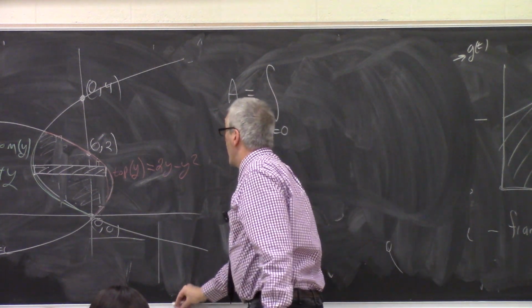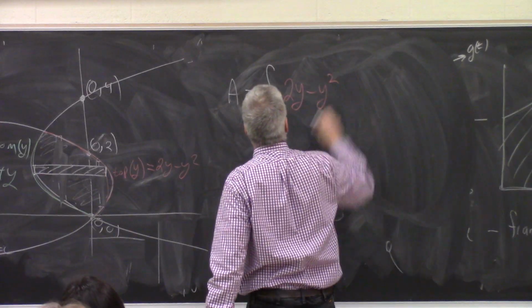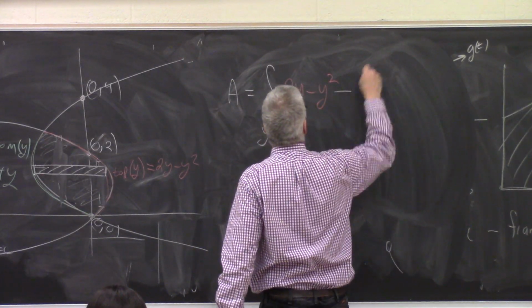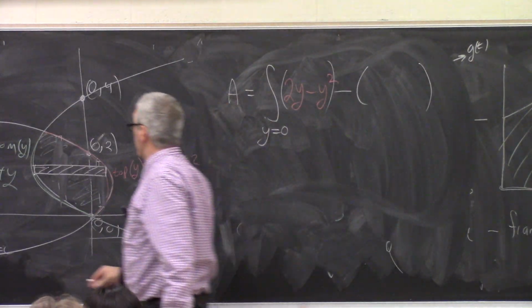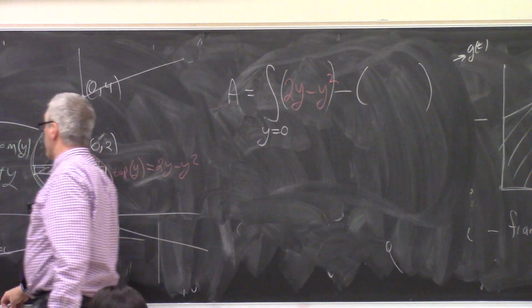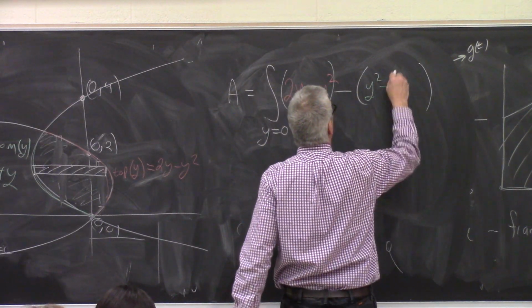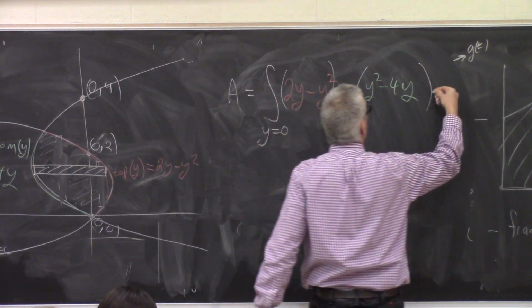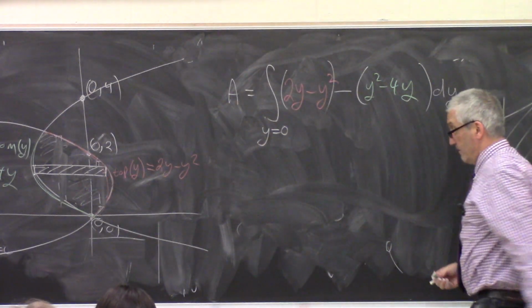So 2y minus y squared minus parentheses the green graph, which is y squared minus 4y. And we have to have a dy, not a dx.